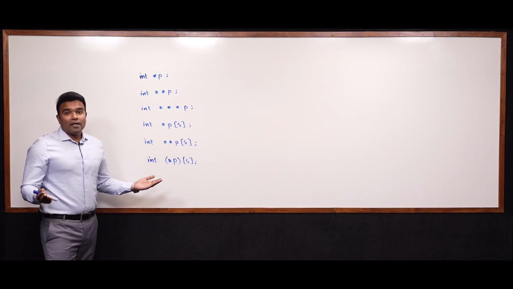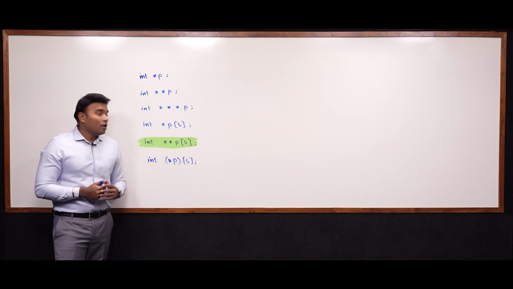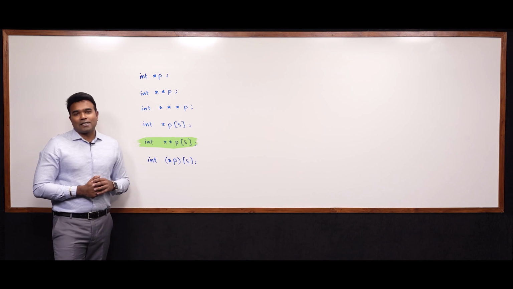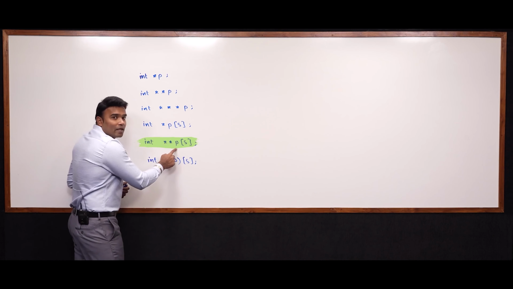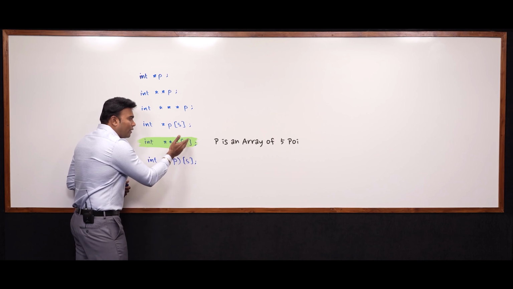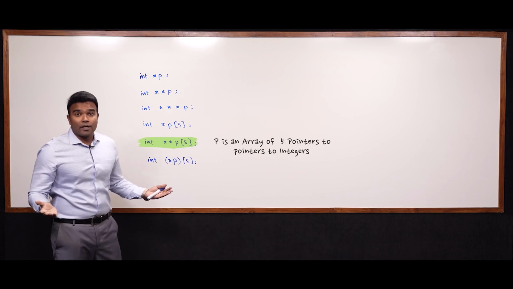Well, going by the same rule, if you have to read this, and I'm sure this time most of you would be able to read it successfully, I would read it for you: P is an array of 5 pointers to integers. That is what it means.